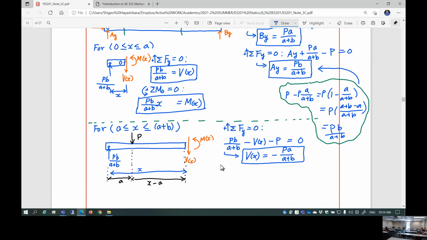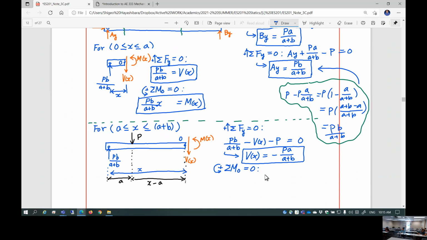Next, let's just do a summation of the moment. Summation of the moment, once again, I'm going to put point O right here. So summation of the moment at O, with this as the positive direction, let's set equal to 0. This creates negative moment, this creates positive moment.